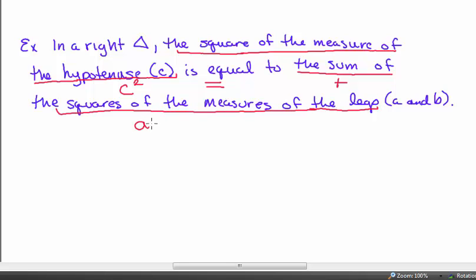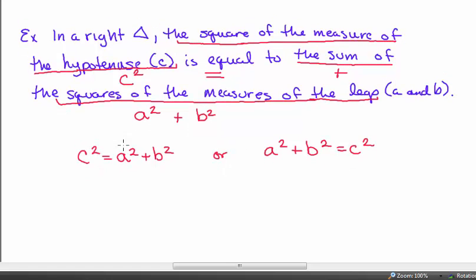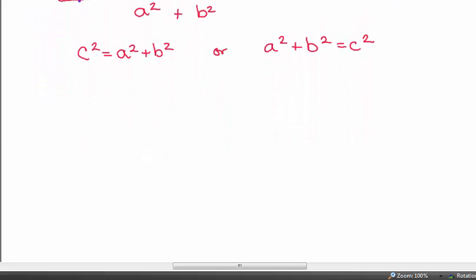So I'm going to have a squared plus b squared because of this addition up here. So c squared is equal to a squared plus b squared. You're probably more used to seeing it a squared plus b squared equals c squared. And both of those are fine because remember we have that symmetric property that tells us we can flip around the equal sign. Don't forget our properties.